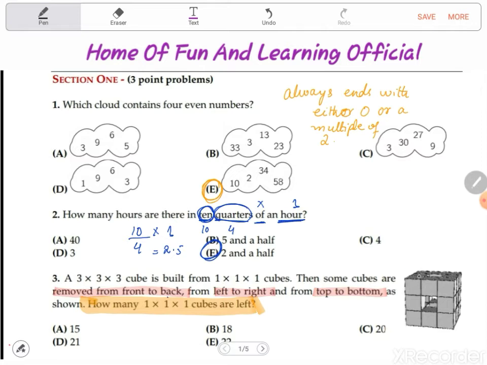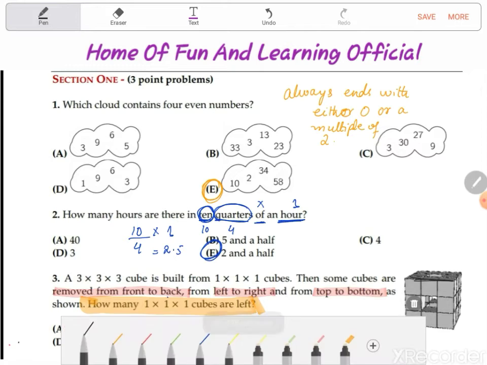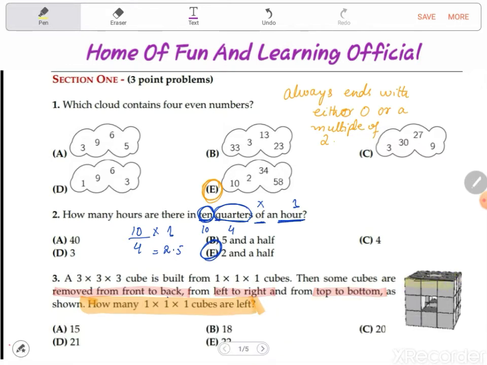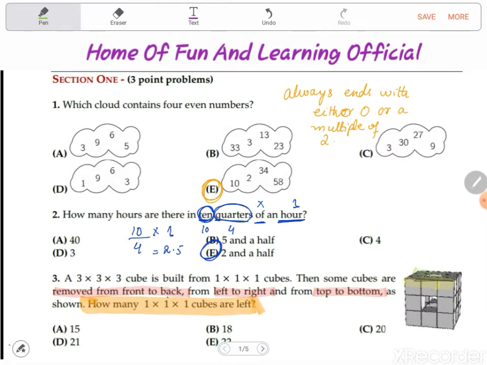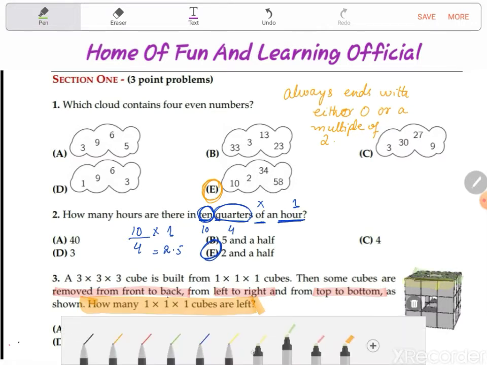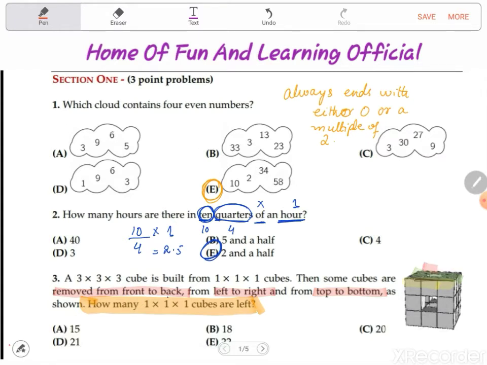So we have 3 layers. This is the first layer. Let me shade it so that you can understand properly. Then we have the second layer that's in the middle, and then the third layer at the very back.